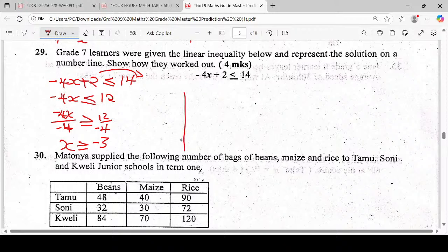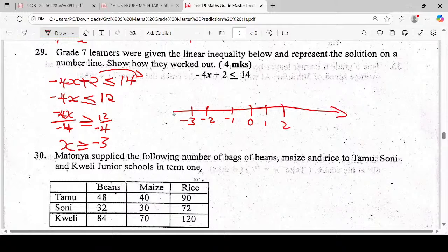How do you represent this in a number line, learners? Taking this to be my number line, I can have this one here is negative 3, negative 2, negative 1, 0, 1, maybe 2, like that, maybe negative 4, negative 5.